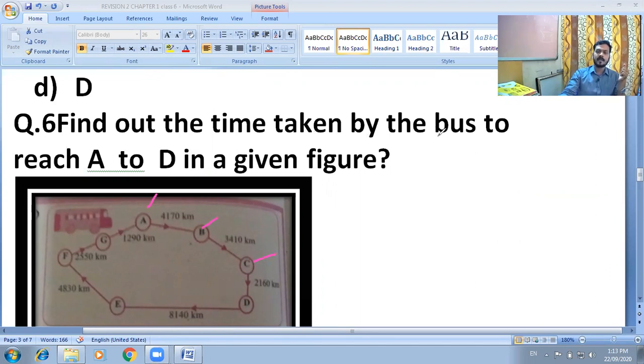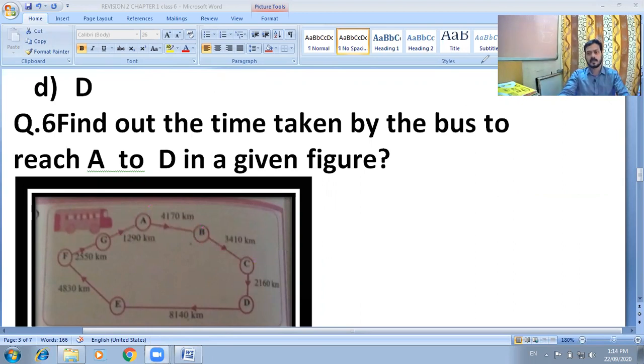Time taken by the bus to travel A to D. Suppose the bus starts from A and reaches point D, then what will their distance be? Everyone give your answer.